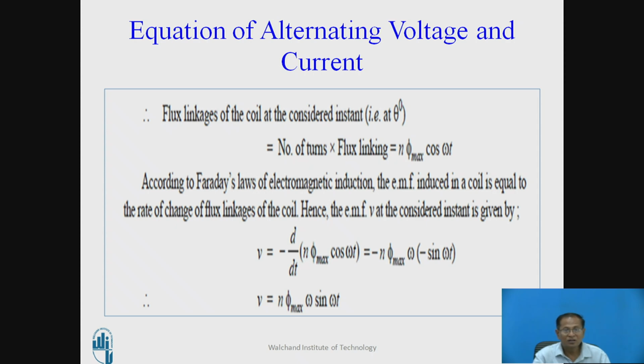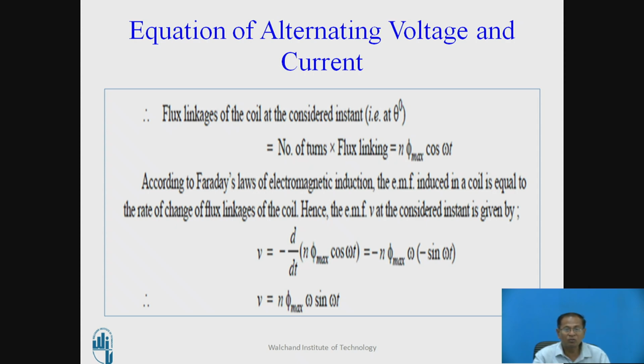According to Faraday's law, the EMF induced in the coil is equal to the rate of change of flux linkages of the coil. Therefore, the EMF V at the considered instant is given by V is equal to minus d phi by dt. So V is equal to minus N phi max omega and cos omega t. Take the derivative of this.